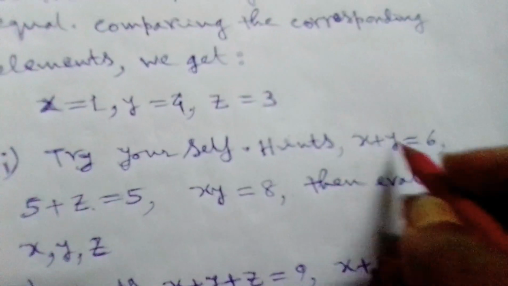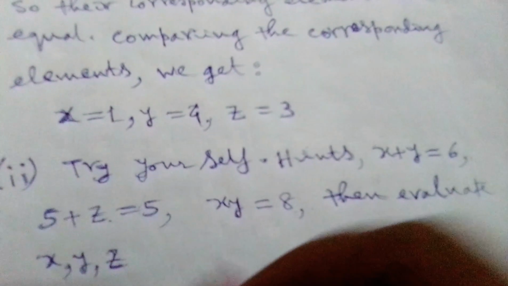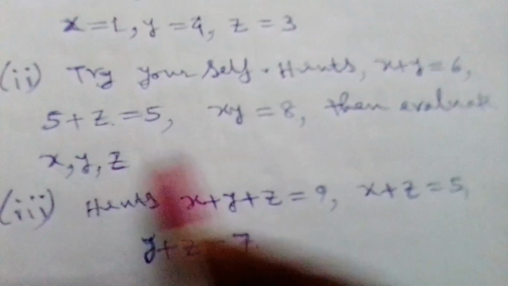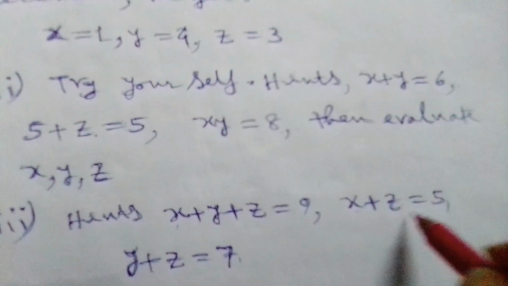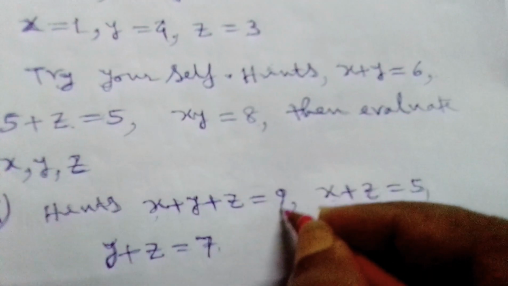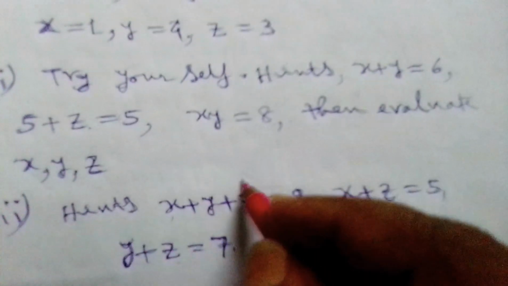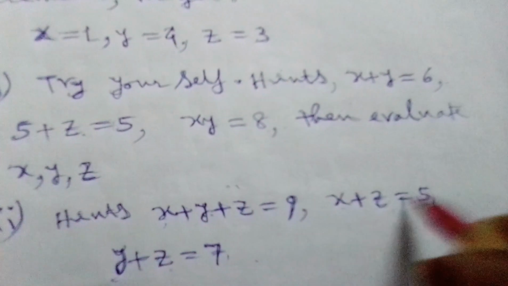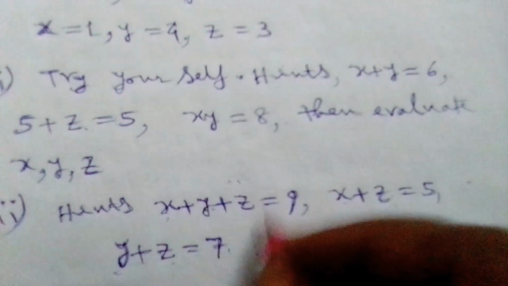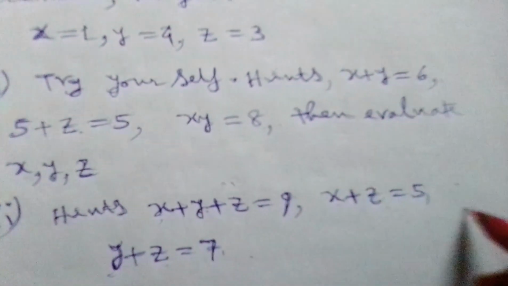We are giving here x plus y is 6, xy is 8, and finally find x and y; z will be 0 here. Just try yourself. And another problem is x plus y plus z is 9, x plus z is 5, and y plus z is 7. If we subtract x plus z from x plus y plus z, we easily find y, so y is 4.